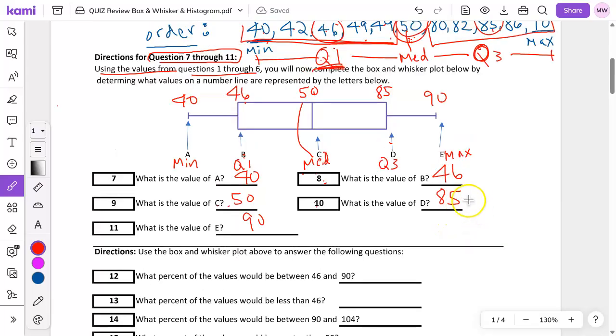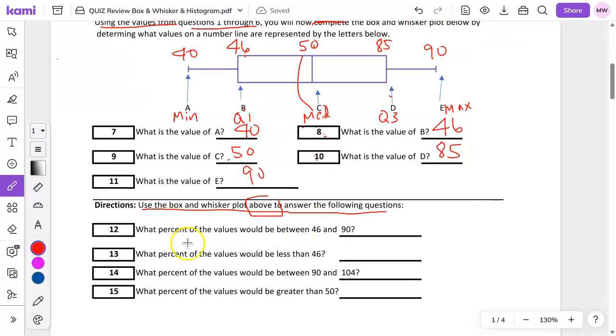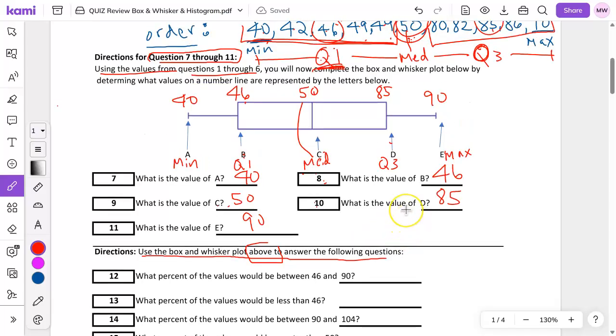Now, the next thing is we're going to use the box and whisker plot above, the same numbers above, okay? We're going to use these numbers here to answer the questions between 46 and 90, okay? So the important thing to remember about a box plot is the number of values between B, this piece and this piece, is 25%, or 1/4, okay?